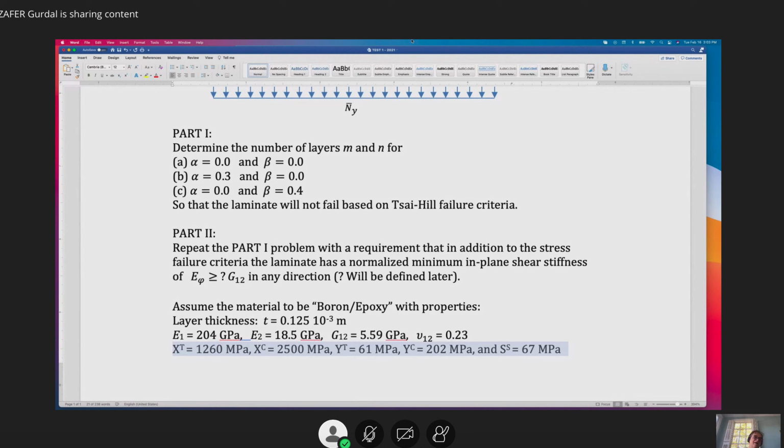So the problem should in fact be cast as: minimize the total thickness of the laminate while satisfying the stress criteria as well as the stiffness criteria.